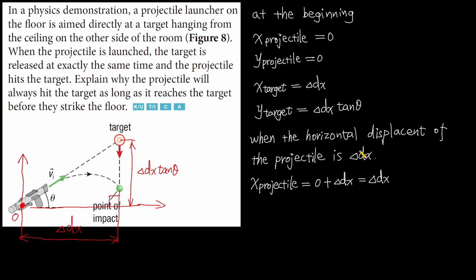When the horizontal displacement of the projectile is delta dx, we know this formula: delta dx equals the initial velocity multiplied by cosine theta multiplied by delta t. From this formula, we get that the time interval is delta dx divided by initial velocity multiplied by cosine theta.